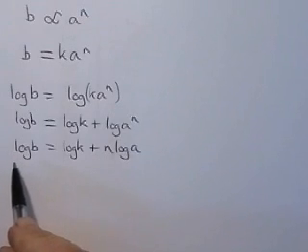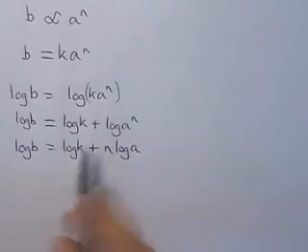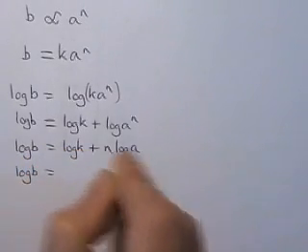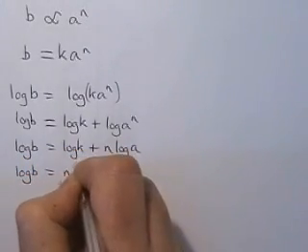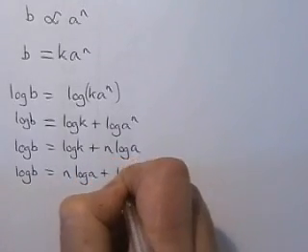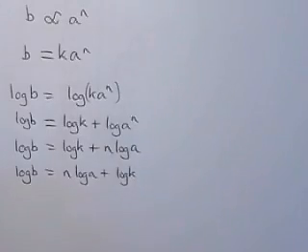And just to make things a little bit easier to follow, I'm going to swap those two things over, not changing anything other than the order of the equation. So log b equals n log a plus log k. It's exactly the same, I've just written them the other way around.